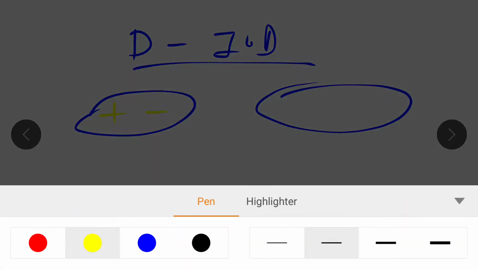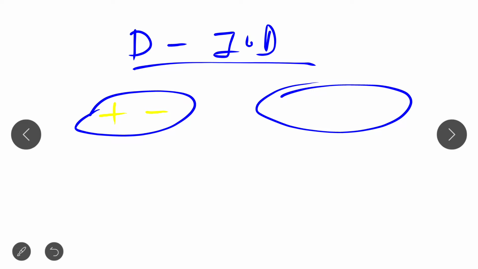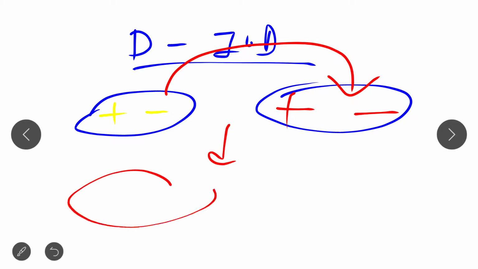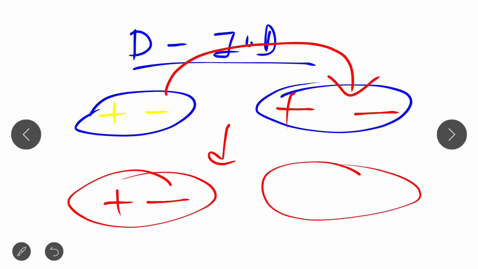The molecule which contains the dipole moment transfers its charge, and through this the charge is formed. The final result is like this, plus minus and plus minus. So the charge is induced in the other molecule which does not contain a charge. This is the second type of van der Waals interaction.